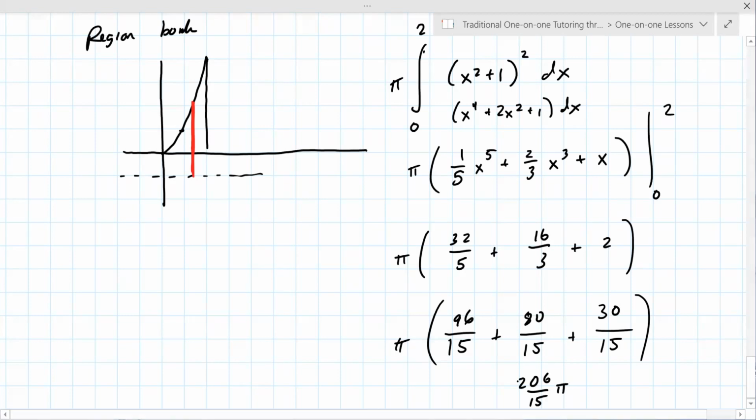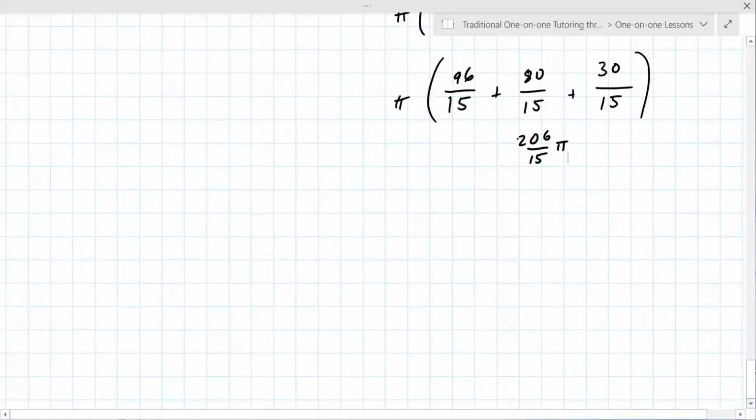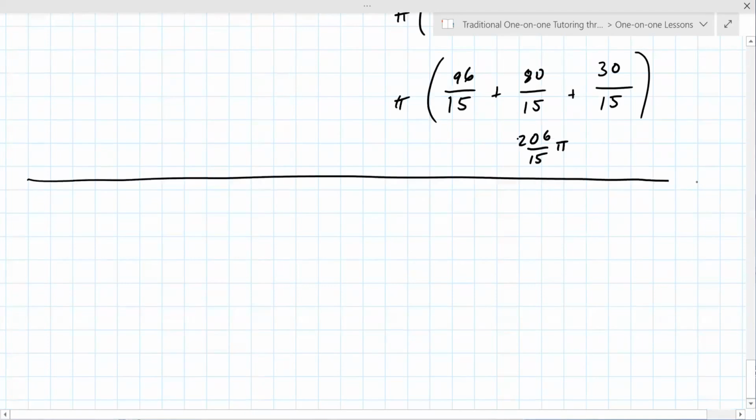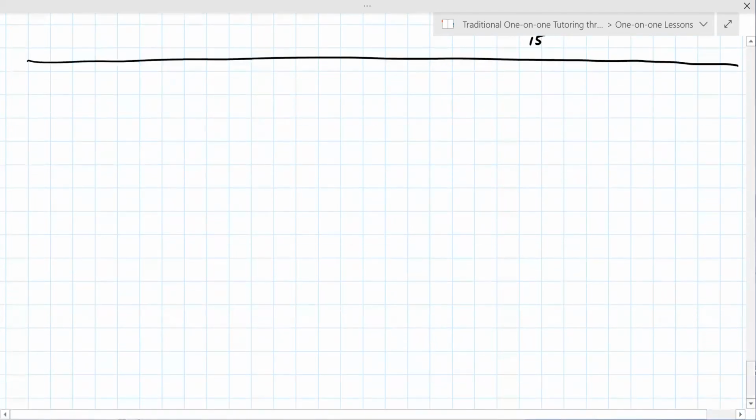All right, so I've got to show you one more problem, probably the last kind. It is the exception to something we said earlier, but it's the only type that you might see. So we've looked at a graph like the square root of x.